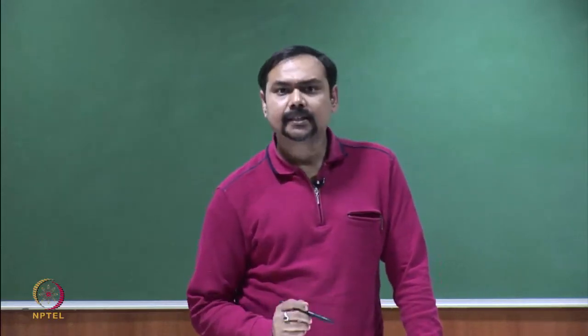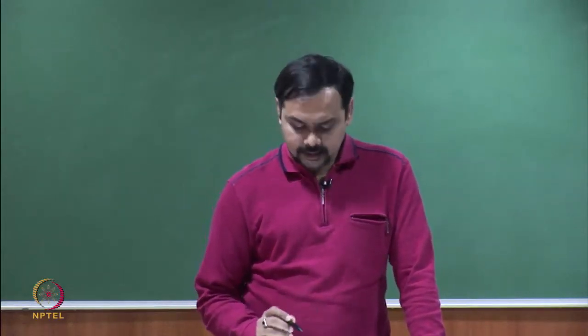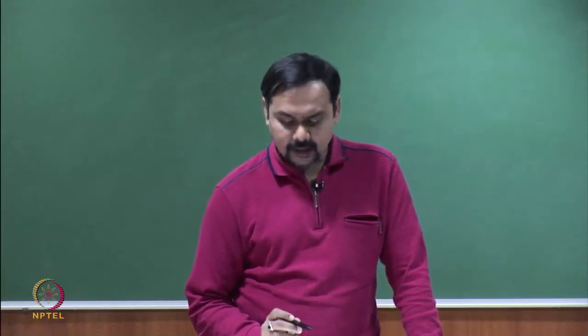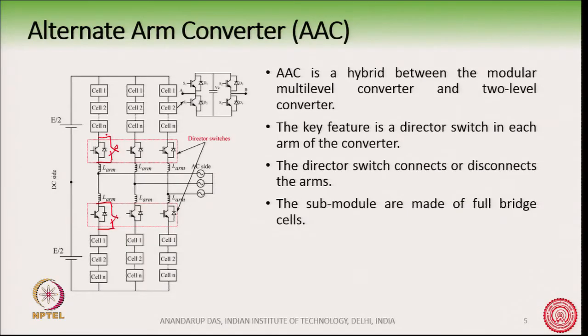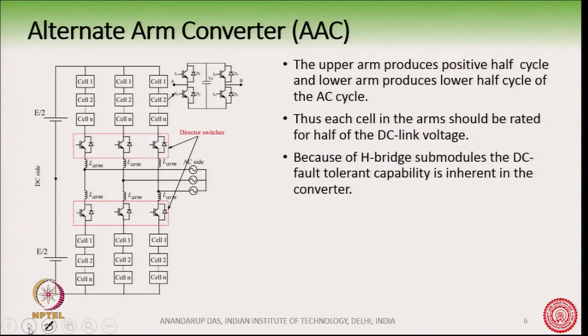We will discuss it a little bit in detail after a few minutes. The submodules here are usually made up of full bridges. So, that is what I have just told. The upper arm produces the positive half cycle and the lower arm produces the lower half cycle of the AC waveform.